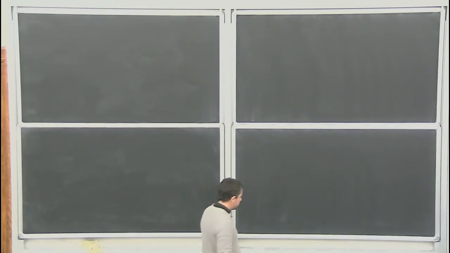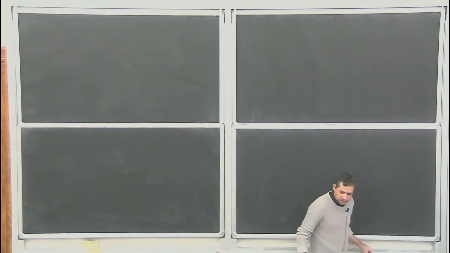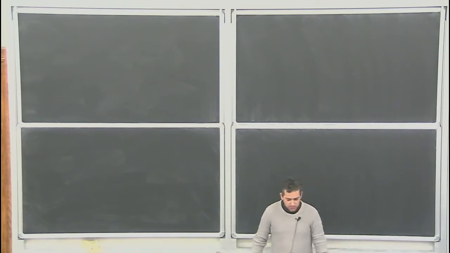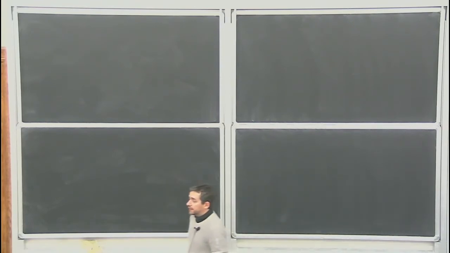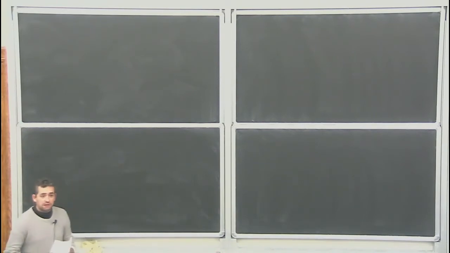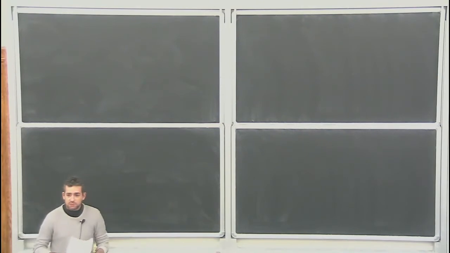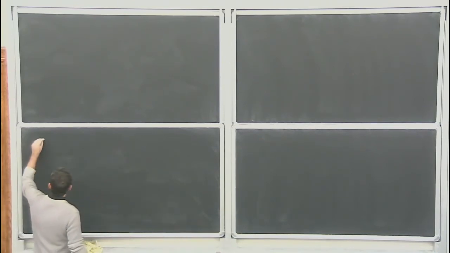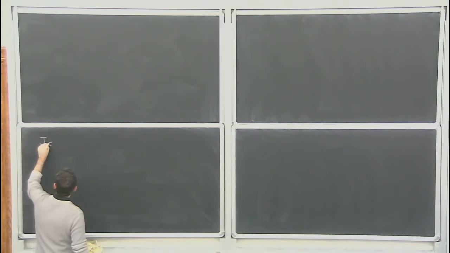Okay, there are still quite many things we would like to discuss. So let's quickly see how the on-shell action is computed, the Euclidean on-shell action. Let's start from the simplest situation of the Schwarzschild black hole. So the action, the Euclidean action.